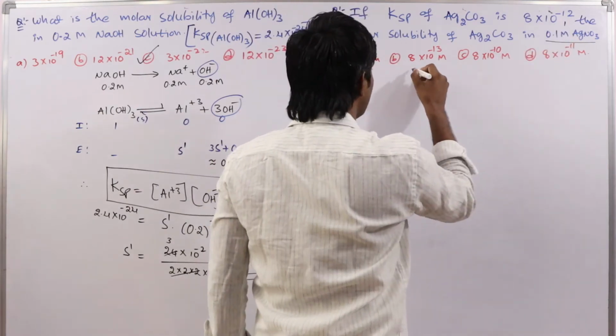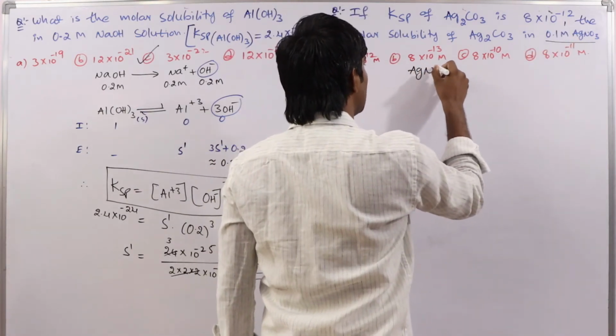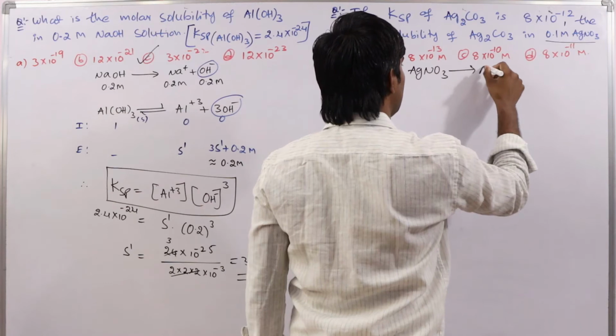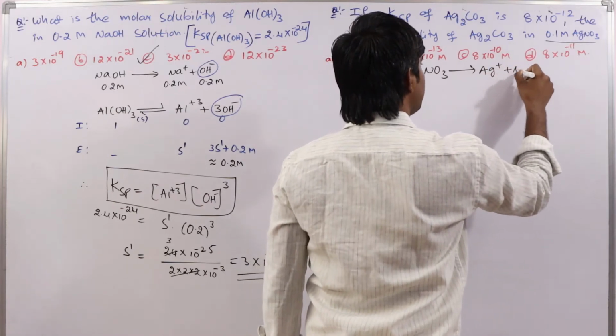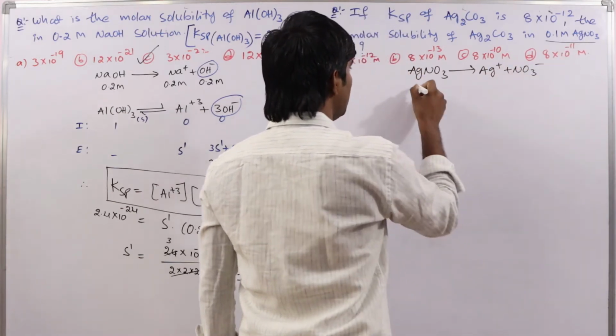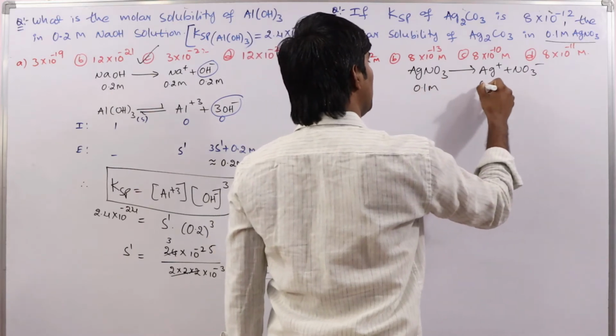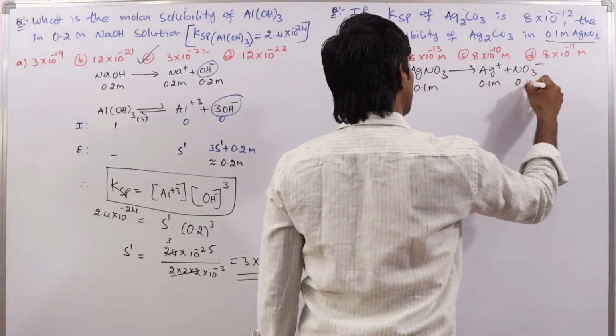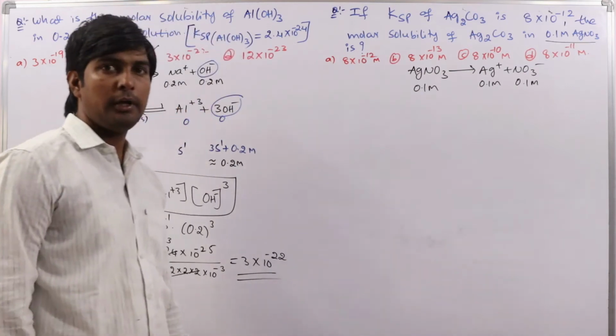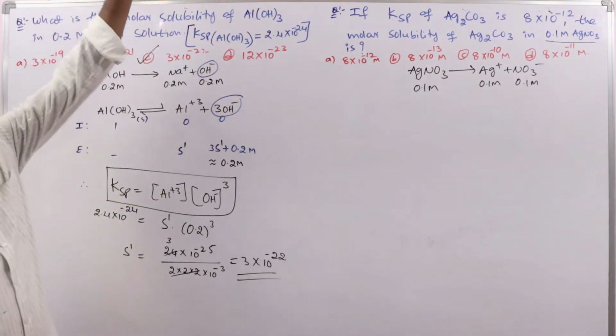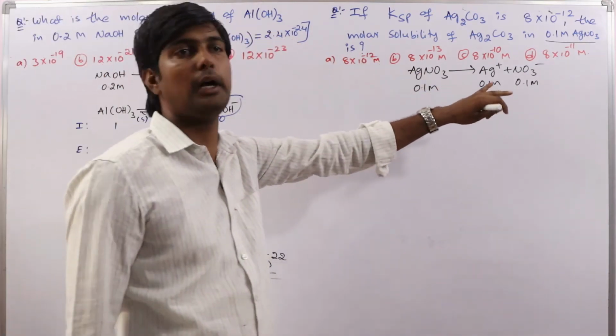Let us write the dissociation of the strong electrolyte. AgNO3 gives Ag plus and NO3 minus. Its concentration is 0.1 molar, so these are also 0.1 molar each, because a strong electrolyte undergoes almost 100% ionization.